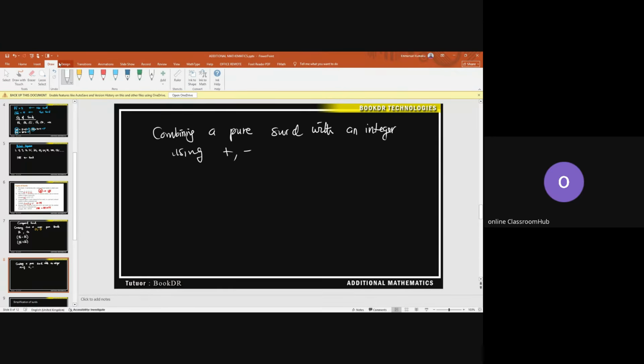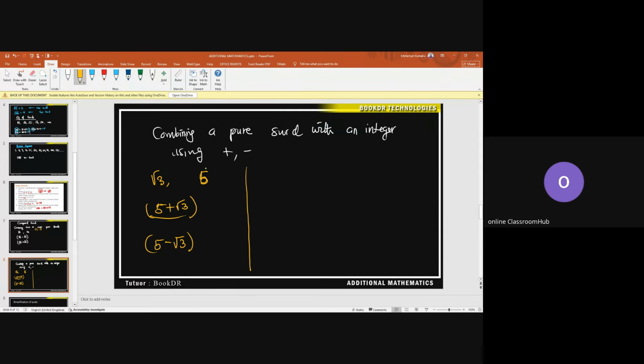So we can have an example such as, if I have root 3 and the integer 5, I can combine them with plus or minus. So 5 plus root 3, the whole thing together forms a set. Or I can have 5 minus root 3. The whole thing together is a set. So that's a compound set.